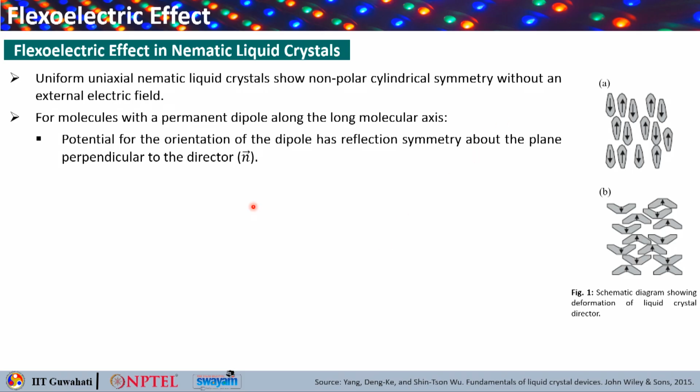Now in those kinds of liquid crystals where the molecules have a permanent dipole along the long molecular axis, something like this, you will see that the potential for the orientation of the dipole has reflection symmetry about the plane that is perpendicular to the director n cap. So this will be the director n cap along the vertical direction.